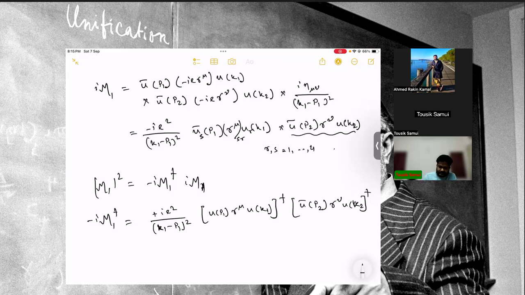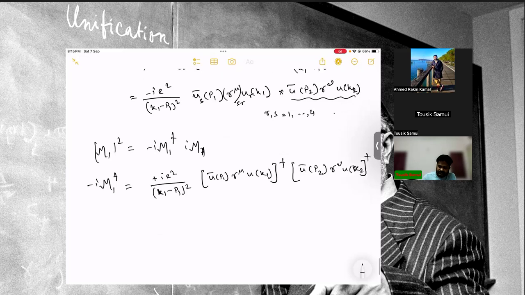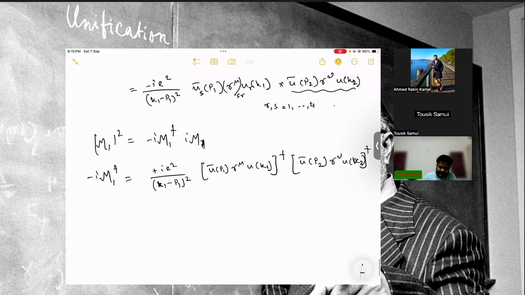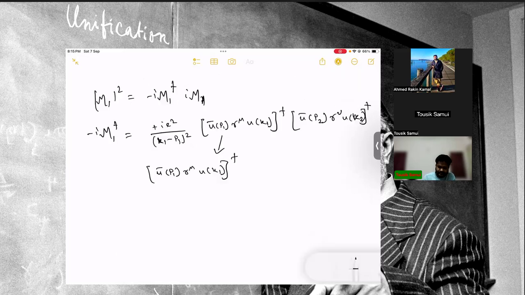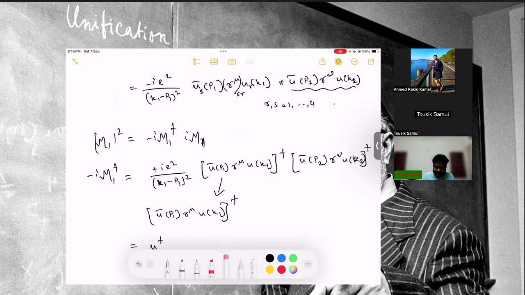Now if we see this term, for example, it is nothing but u dagger. This dagger is actually on the spinor space, since mu and nu indices have been explicitly specified. So this will be mu downstairs.